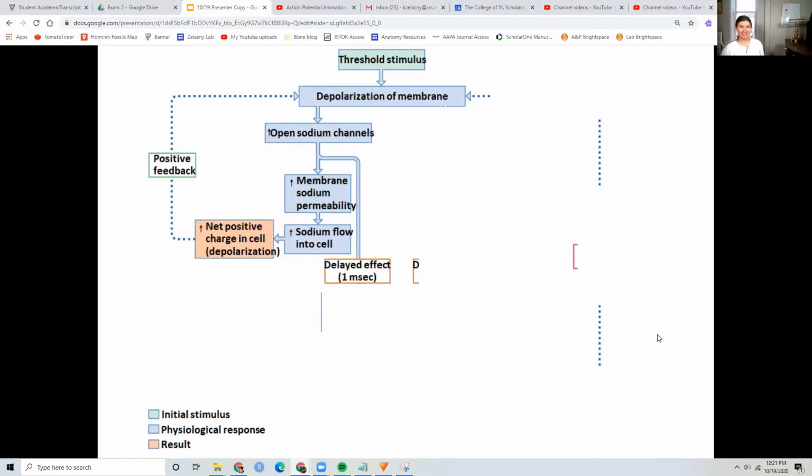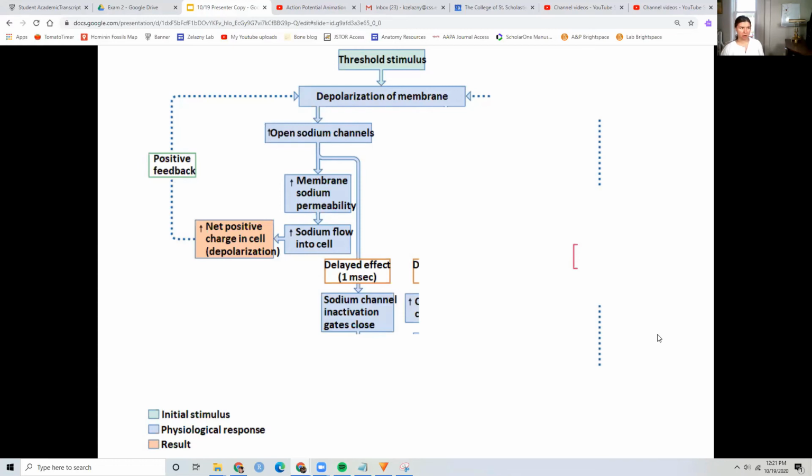We also have a delayed effect, and we actually have two delayed effects of the depolarization of the membrane. So our first delayed effect is that our sodium channel inactivation gate closes. The depolarization of the membrane opened the activation gate, and it did that first. And for a while, the only effect we had was that activation gate was open, so we allowed sodium to rush in.